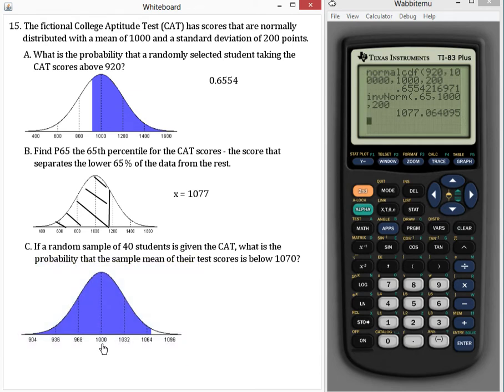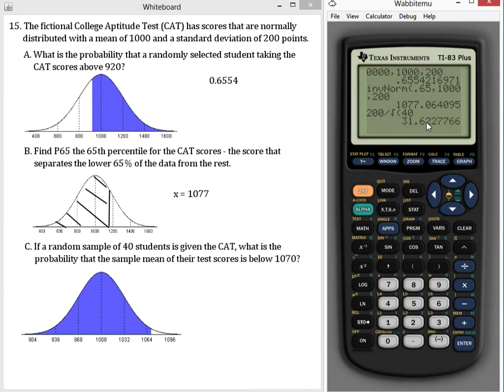the mean is 1,000, but notice that I've marked off my standard deviations with not 200, but about 32. The reason for that is when I'm working with a sample of 40, my standard deviation reduces by a factor of the square root of that sample size, which gives about 32.